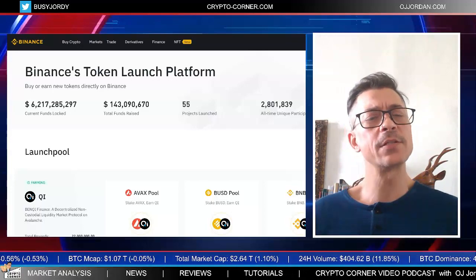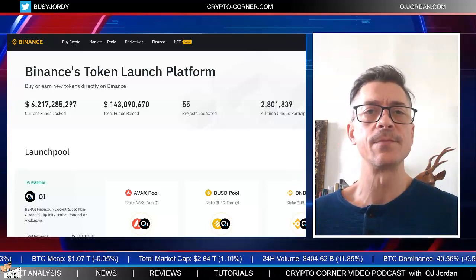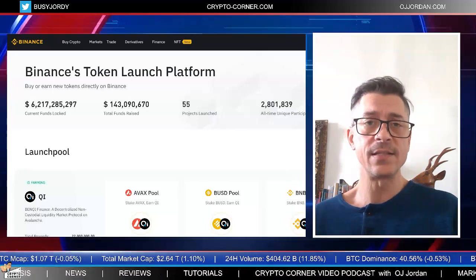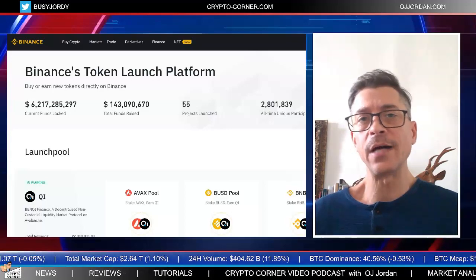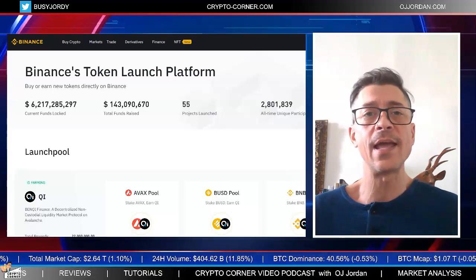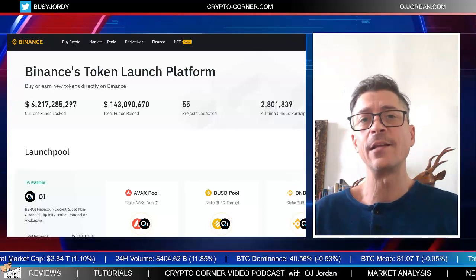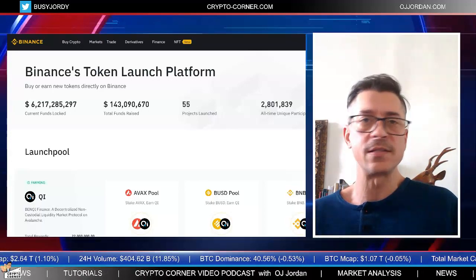I say commitments because when you want to participate in one of these sales, you're actually locking a certain amount of BNB token. This is the Binance native token. You are then allocated a certain amount of tokens from that sale according to your staked BNB, and this also depends on the number of participants. So most likely you will get a much smaller allocation if your BNB balance is tiny.